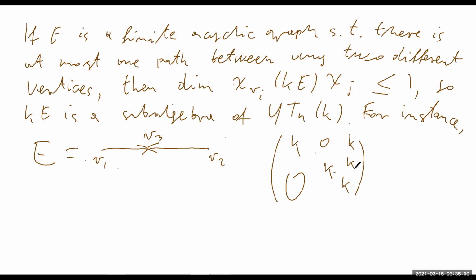So this is a subalgebra in UT_3(K). You don't take the full algebra of upper triangular 3 by 3 matrices, but you zero the element in the first row of the second column. And that's it. This is the algebra which is isomorphic to the path algebra of this graph.